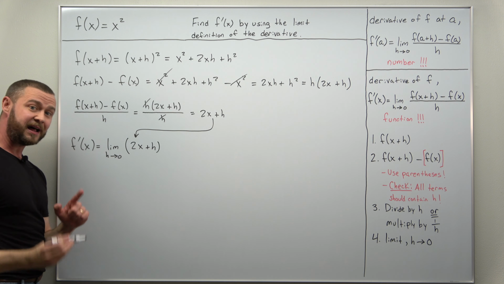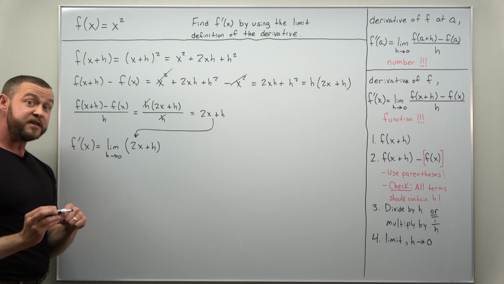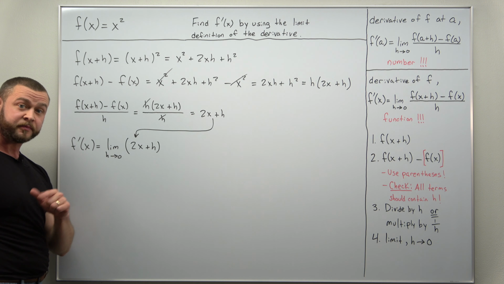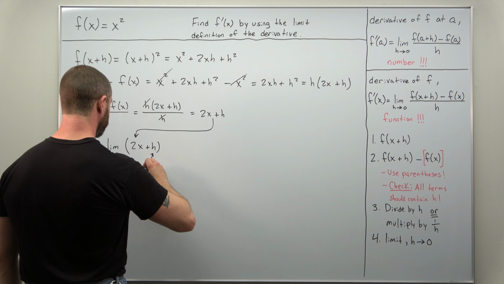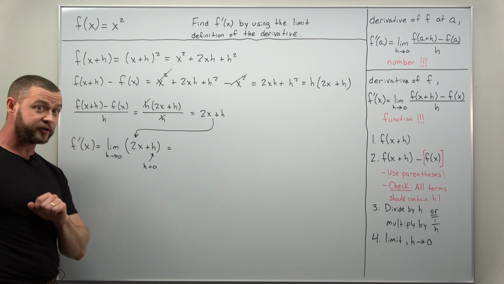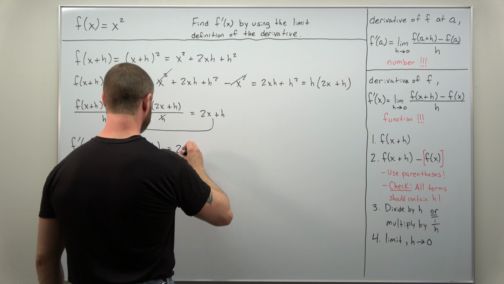So we'll be taking a limit as h approaches 0 of the expression 2x plus h. And here, just go ahead and plug in h equals 0. There is no more indeterminate form. And it looks like what we get for our derivative, that comes out to 2x.